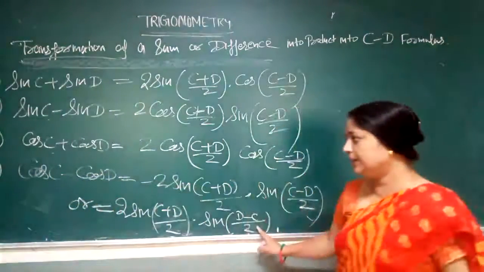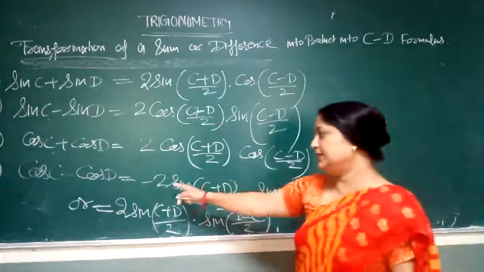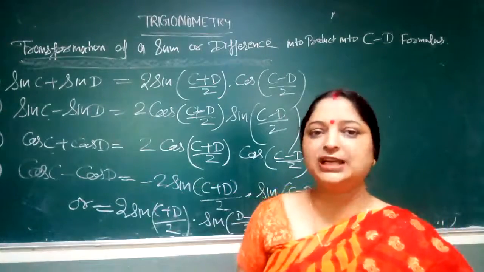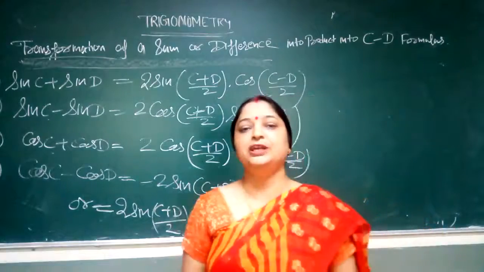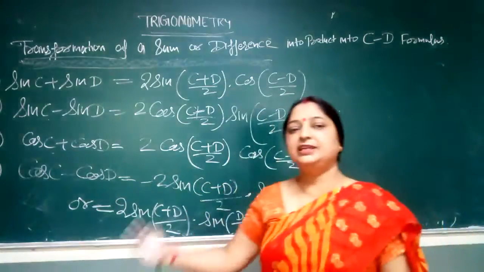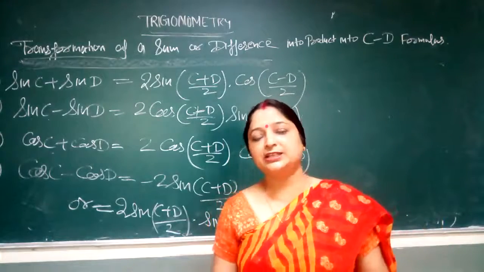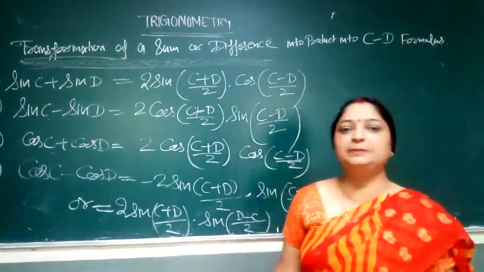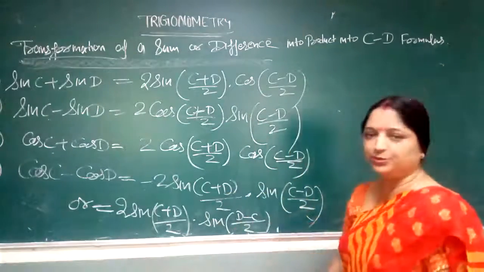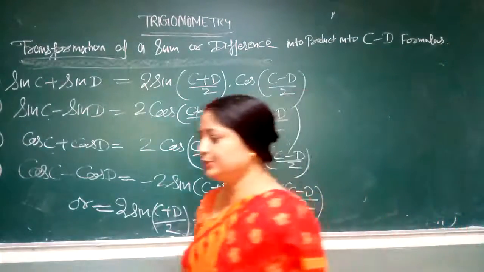Remember this formula: cos C minus cos D is minus 2 sin (C plus D)/2 into sin (C minus D)/2. After adjusting the minus sign, it is 2 sin (C plus D)/2 into sin (D minus C)/2.